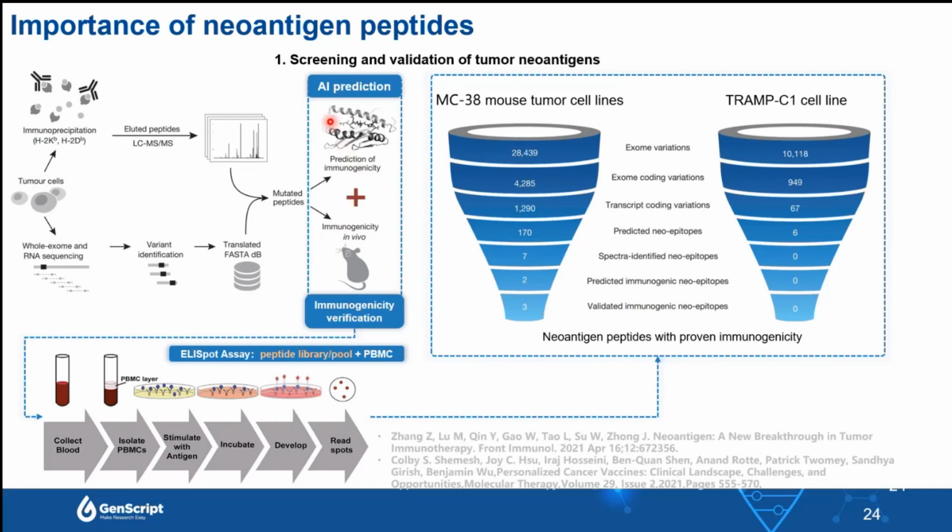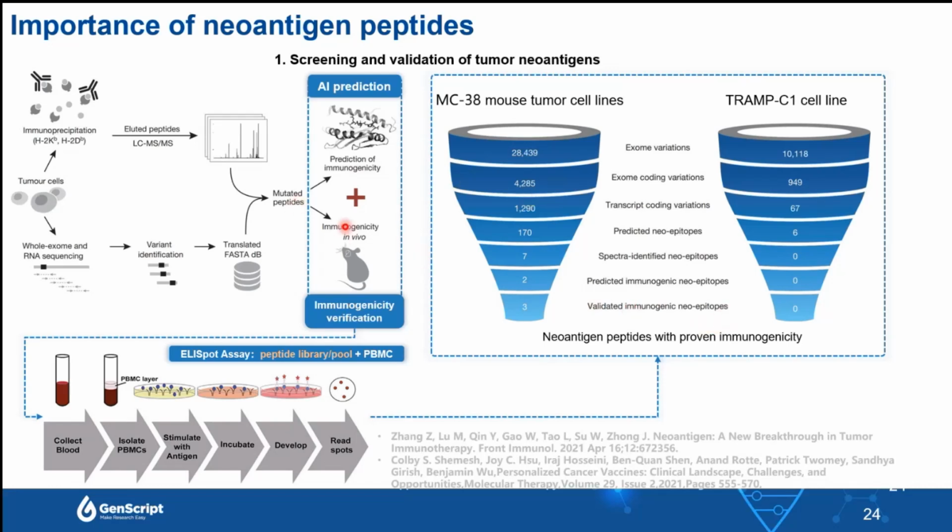We usually now, with the development of technology, and also we need to do the immunogenicity test later. And the purpose is to screen from tens of thousands of neoantigens to find the validated ones. So maybe only 3 were validated finally, as shown here.